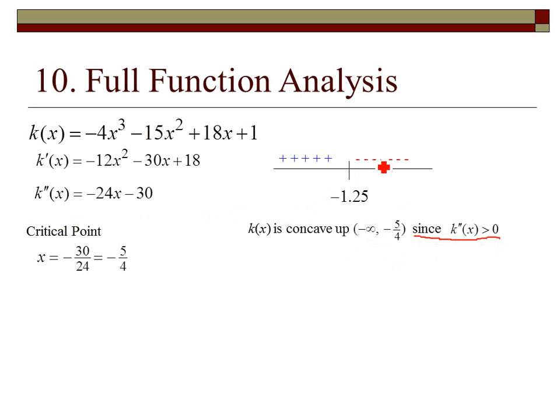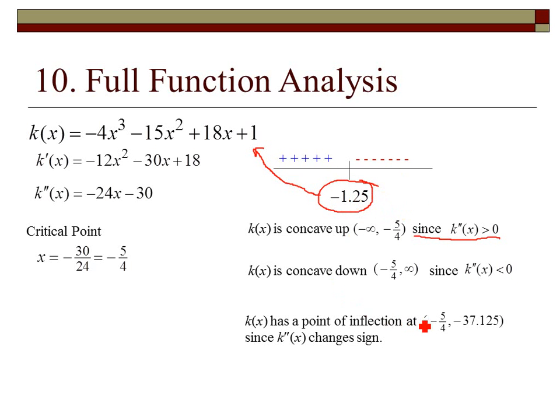It's concave down when x is greater than negative 1.25, since k double prime is less than 0. That's what makes it concave down. The last thing for our analysis is a point of inflection. I have an inflection point at x equals negative 1.25, and again, to find out where that point is, any point on the graph, we plug into the original equation.